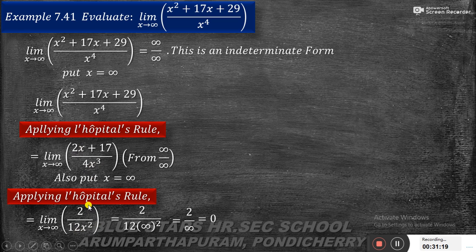Then we just apply the limit, x equal to infinity: 2 by 12 times infinity square, which is infinity, so 1 by infinity is 0. Therefore the answer of this limit is 0: limit x tends to infinity, x square plus 17x plus 29 by x power 4 equals 0.